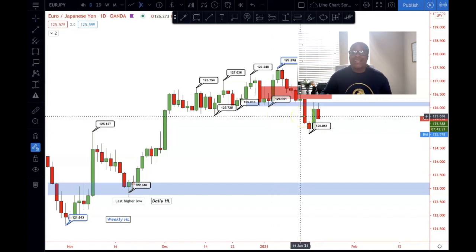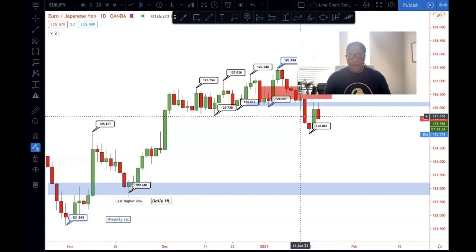And so what that does is it gives you some information that, oh, we may be turning around, whether for a retracement or a reversal, depending on the time frames you look at and how you view your price charts. Okay, so with that being said, if price stays below 126 yen on this currency pair, I'll be looking to take it down to around 123 yen, 250 cents area.